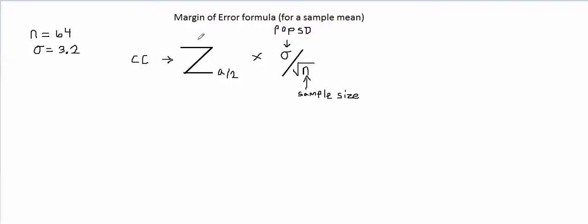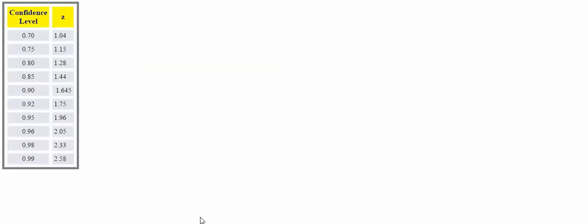All I need is the confidence coefficient, and I told you that that comes from a table. So if you go to Google and you type in small table of z-values for confidence intervals, I'll show you right here.